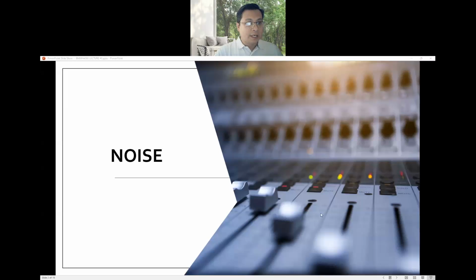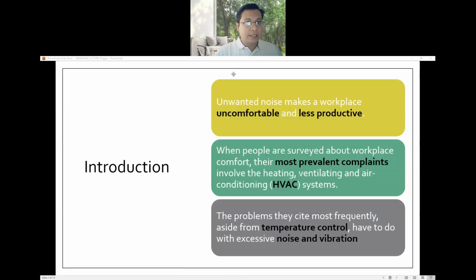In the introduction shown in the slide, you should first understand the definition of noise itself. What is noise? You should understand before we eliminate noise from a building, maybe a residence or an office system. First, unwanted noise makes a workplace uncomfortable and less productive.